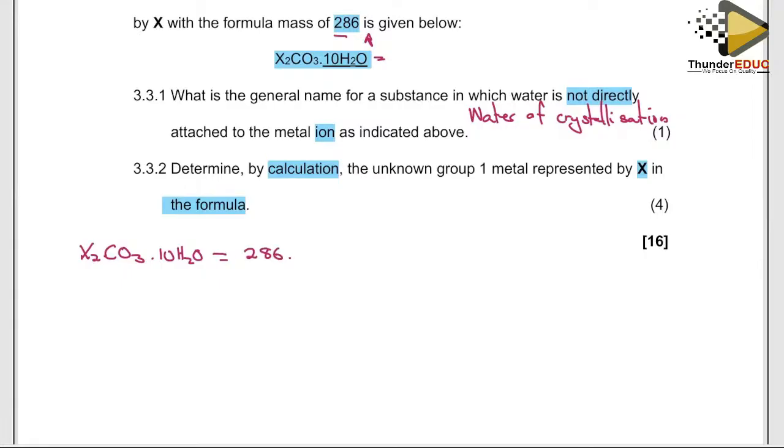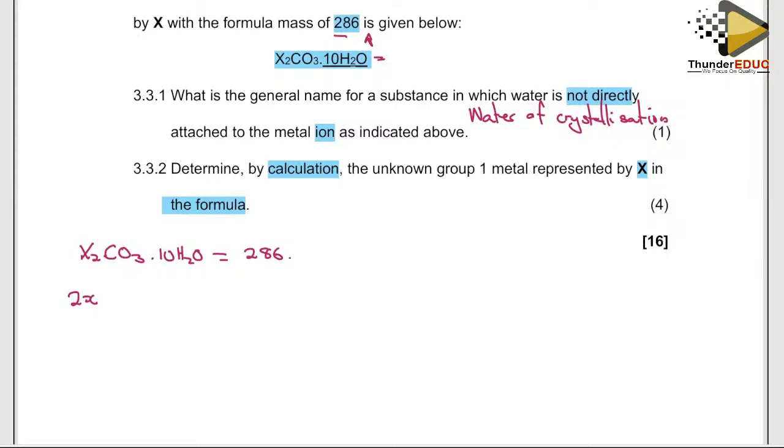Now let's make X the subject of the formula. How many X's do I have there? 2 multiplied by X, so it's going to be 2X.